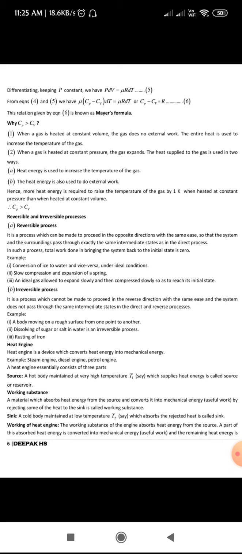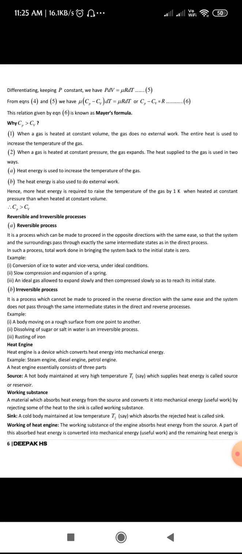The gas expands slowly, and after some stage you compress the system so that it comes back to its original state. So this is regarding the examples of the reversible process, where you can bring back the system to its original state after undergoing certain intermediate states.